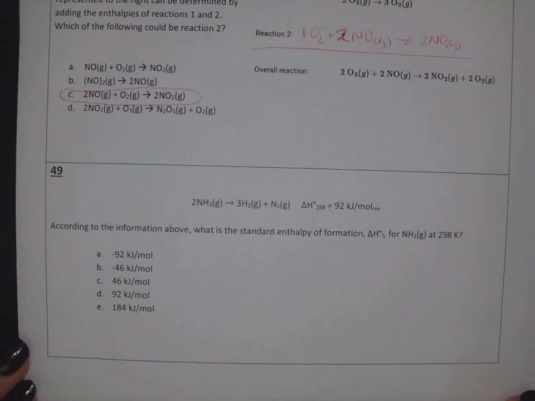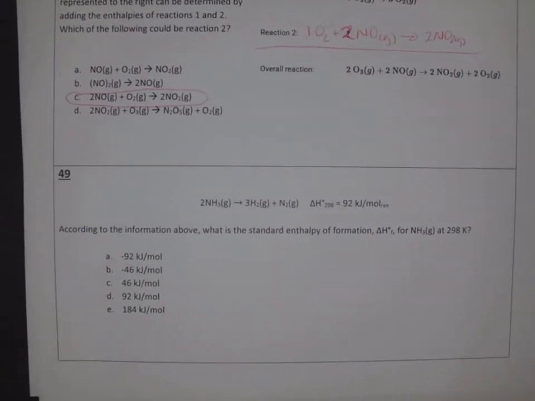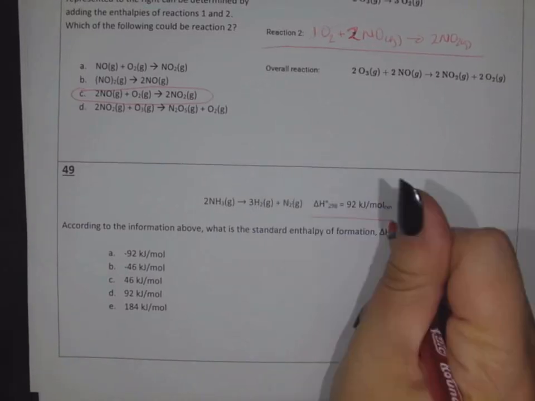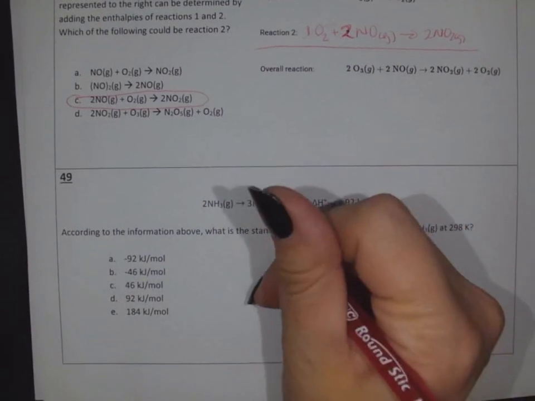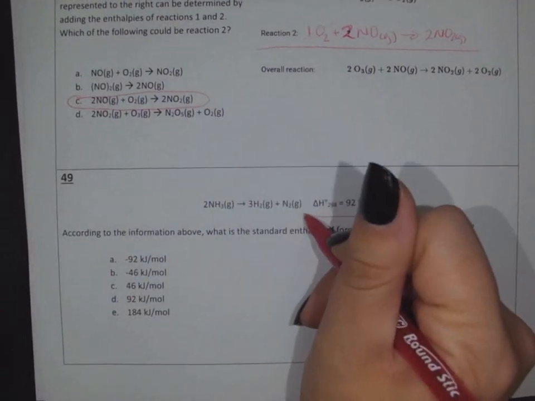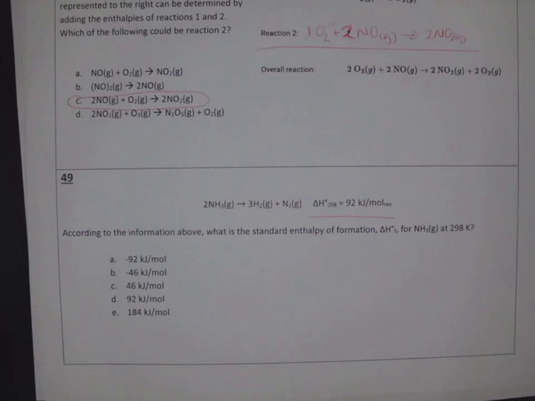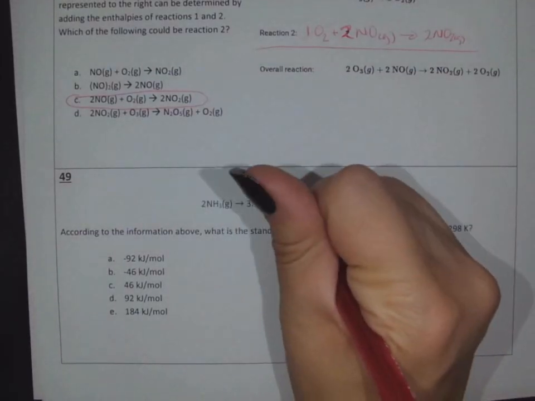49. According to the information above, what is the standard enthalpy of formation for NH3? And then we have our delta H of the whole thing right here. When something is in its pure elemental form, like H2 and N2, their enthalpies of formation are 0.